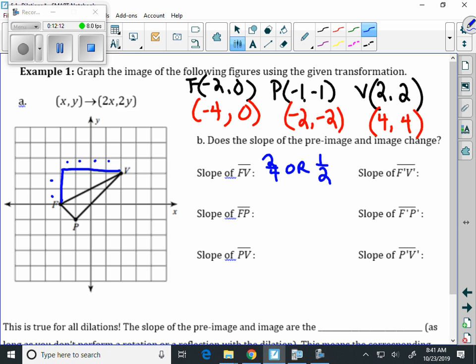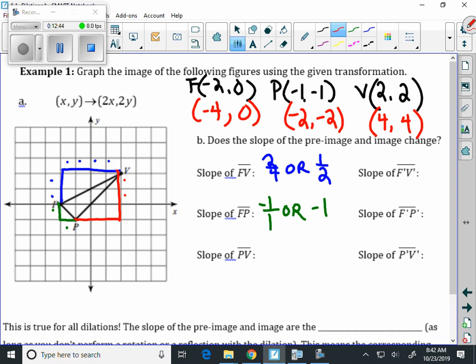If we look at the slope of FP, again, remember we draw a triangle. Its slope is rise over run, except that we went 1 down, and we went 1 to the right. So this is going to be negative 1 over 1, or negative 1 if you prefer. And the slope of PV, again, we rise over run.